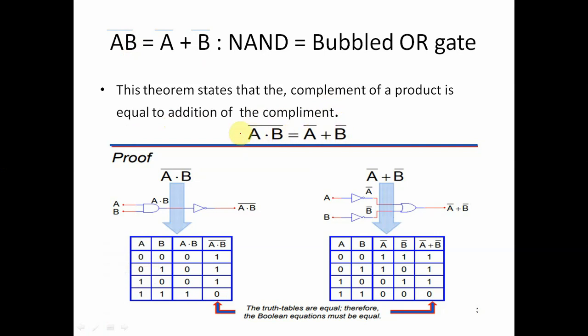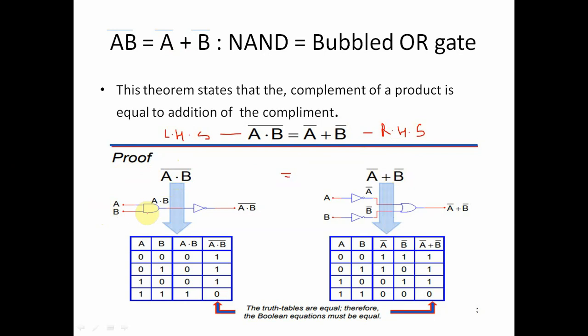So this one is your LHS, the left hand side, and this one is the RHS, the right hand side. By using a truth table we will prove that LHS is equal to RHS. Here I am taking (A dot B) bar is equal to A bar plus B bar.